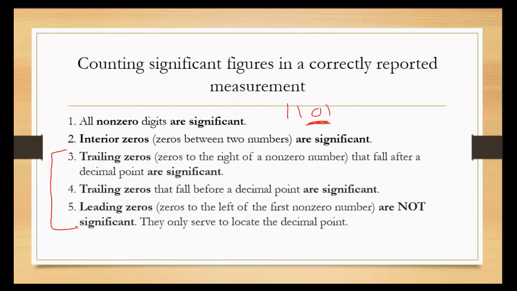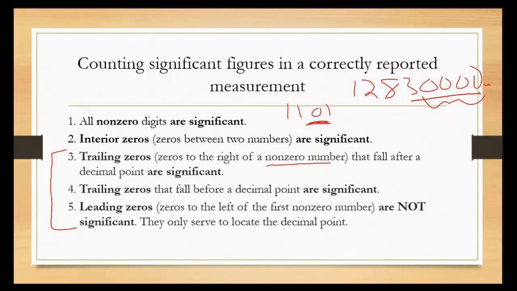Trailing zeros and leading zeros. Trailing zeros are the zeros to the right of the numbers. So we're talking about 1, 2, 8, 3, 0, 0, 0, 0. These are trailing zeros. If you see a decimal point there, like if I had a decimal point right here, all of those zeros are significant.